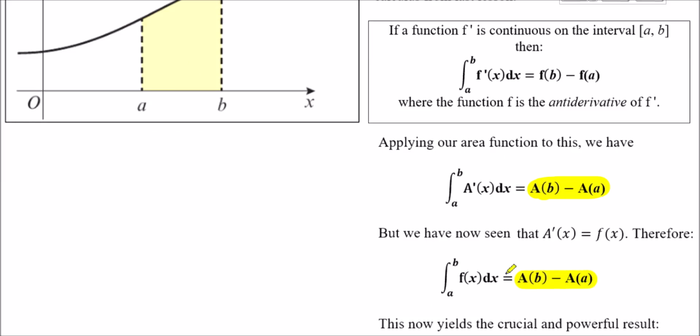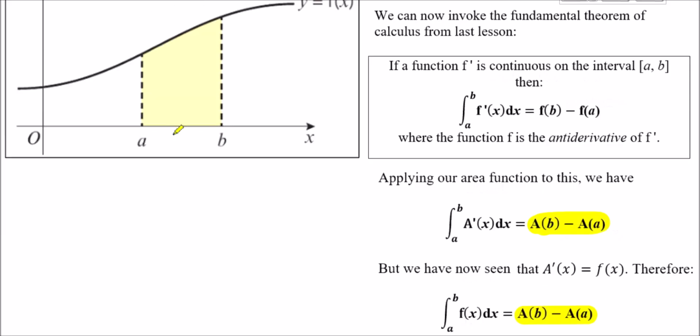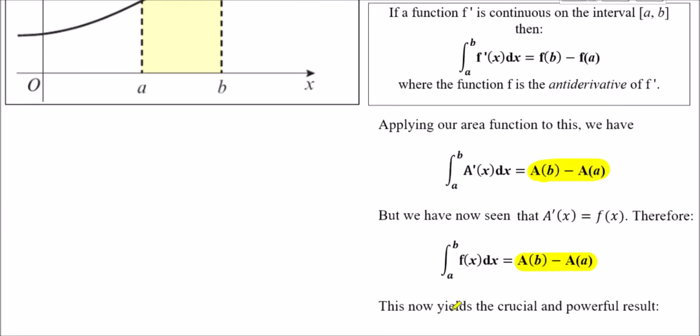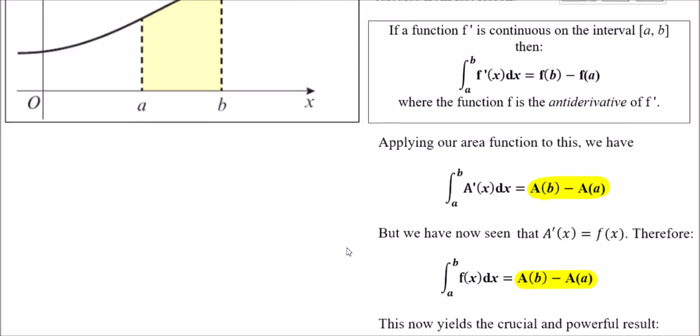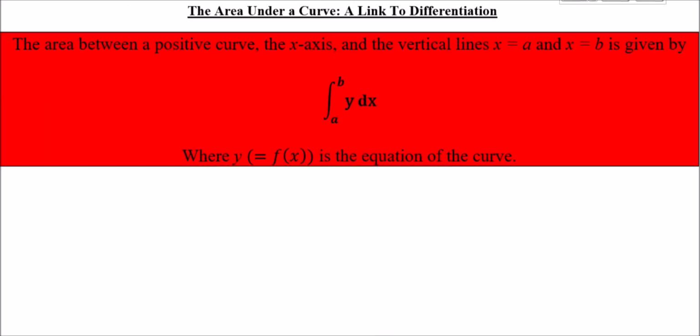And so we can integrate the function of the curve between b and a, and we get the area underneath that curve between the vertical lines x equals b and x equals a. So that now gives us the crucial and powerful result, which is here.